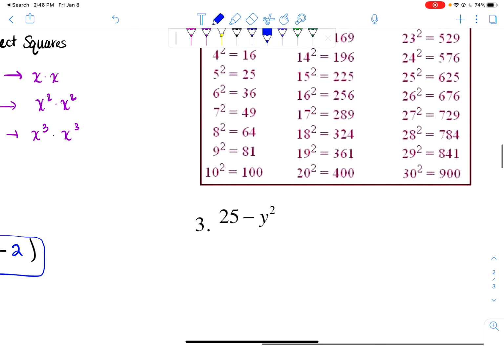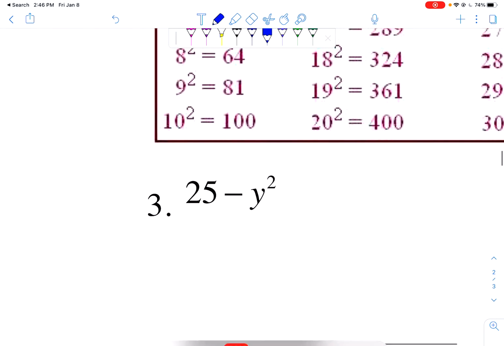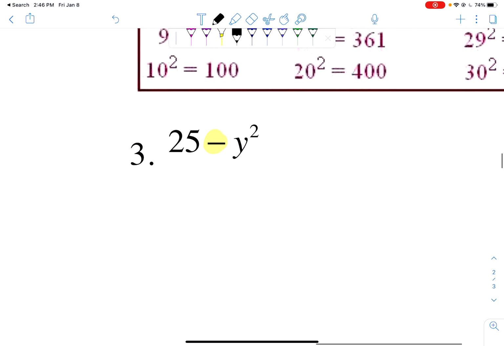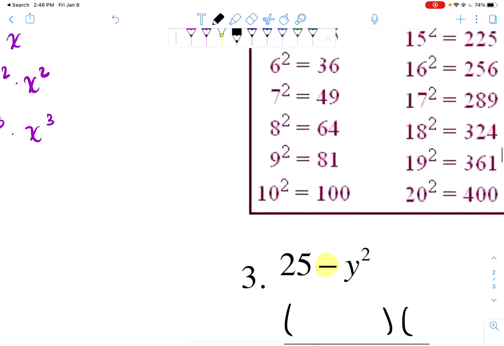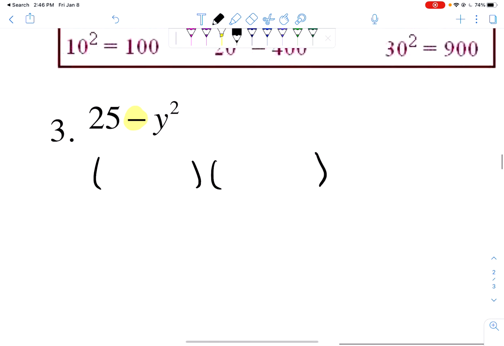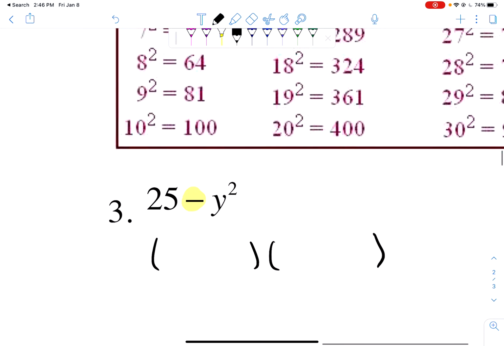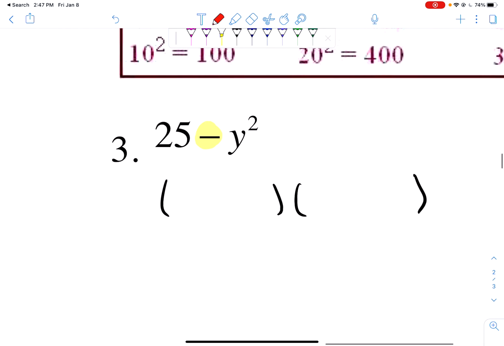Now, number 3. I look, I've got a minus. 25 is a perfect square. Y squared is a perfect square. So I just go ahead and do my difference of 2 squares factoring. Do your 2 sets of parentheses. 1, 2. Just like this. I ask myself, what makes 25? Well, I know that 5 and 5 make 25. So I'm going to break apart that 25 to be 5 and 5.